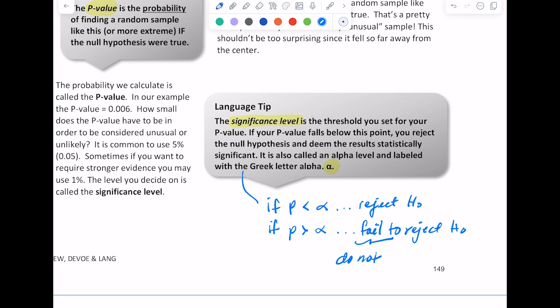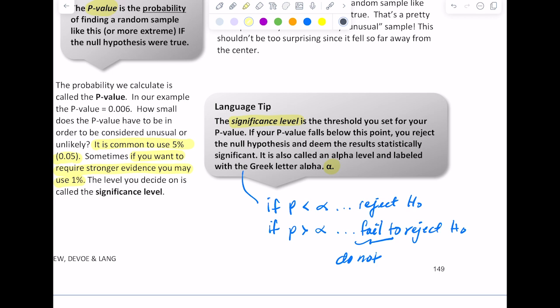Our alpha level usually is 5%, or 0.05. Sometimes if we want to require stronger evidence, we would use 1%. So your alpha level should become smaller the stronger the evidence that you want, okay?